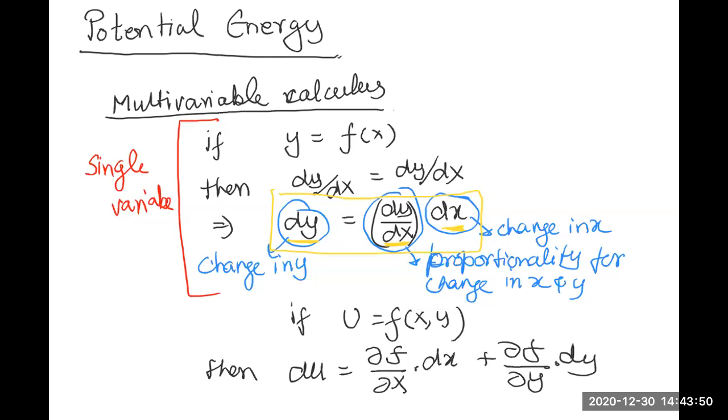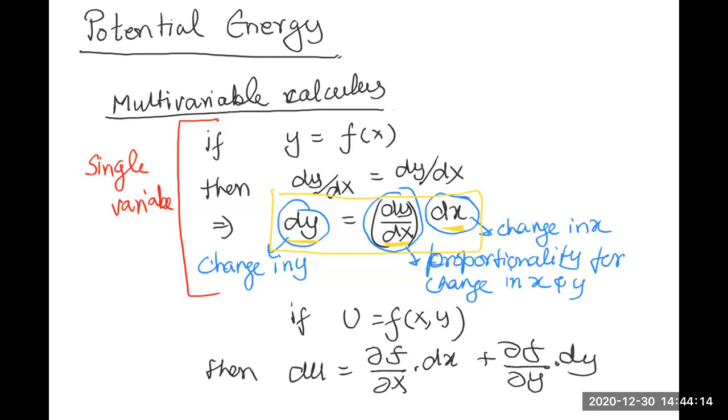So del f by del x means that you are differentiating f only with respect to x. Although f also contains y terms, while differentiating only with respect to x, you are simply saying that all the y terms are being treated as constant.